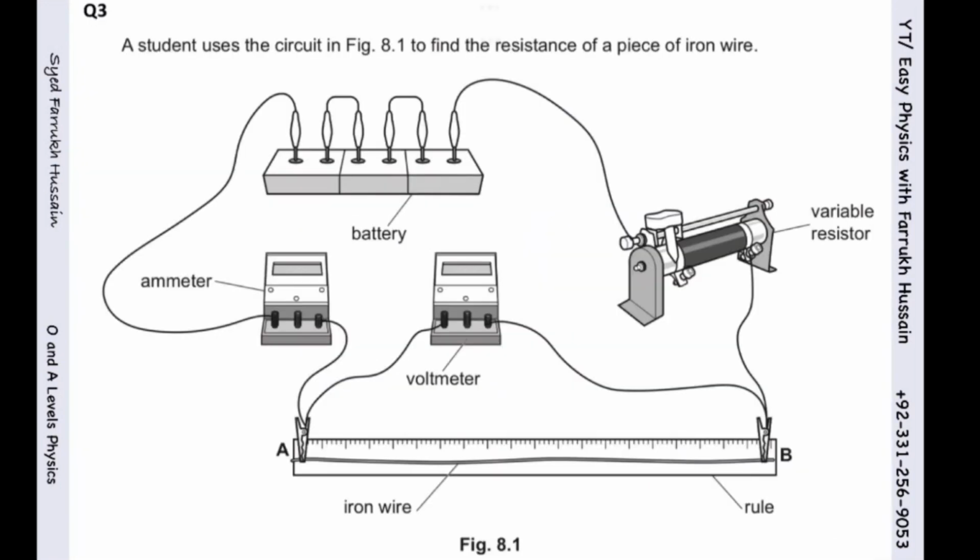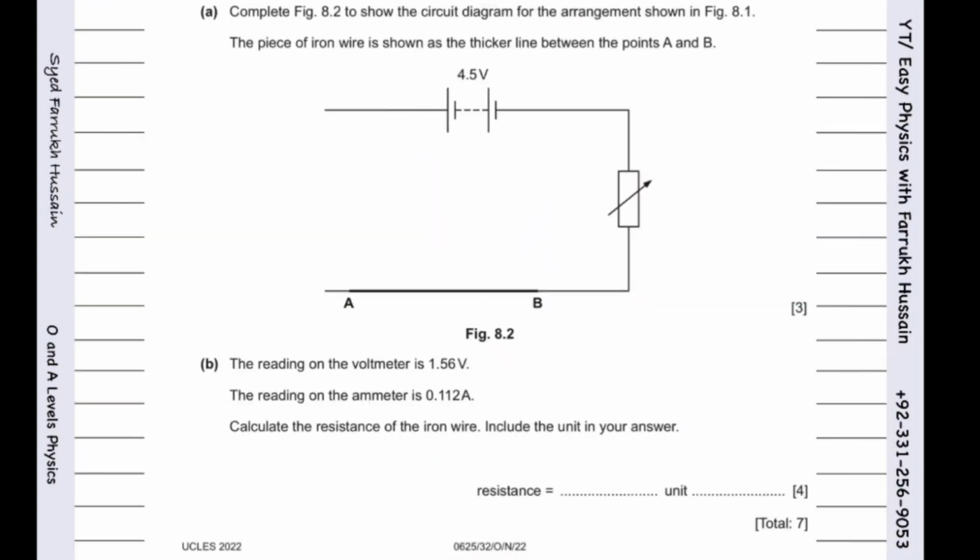A student uses the circuit in figure 8.1 to find the resistance of a piece of iron wire. Complete figure 8.2 to show the circuit diagram for the arrangement shown in figure 8.1. The piece of iron wire is shown as a thicker line between the points A and B. So you have to complete this figure 8.2.